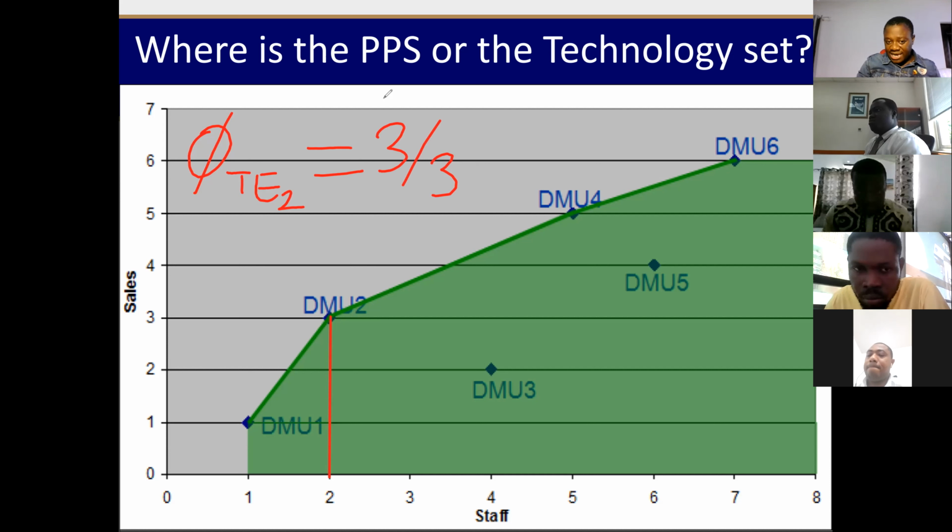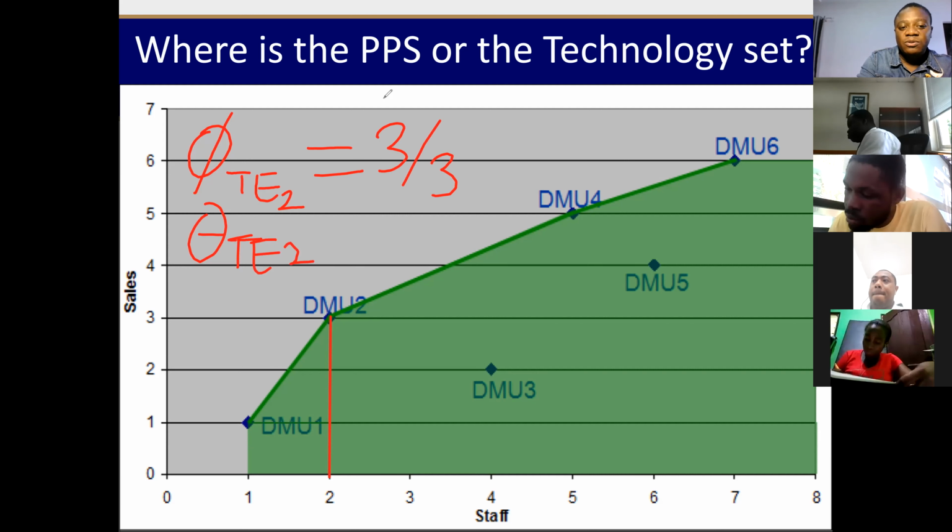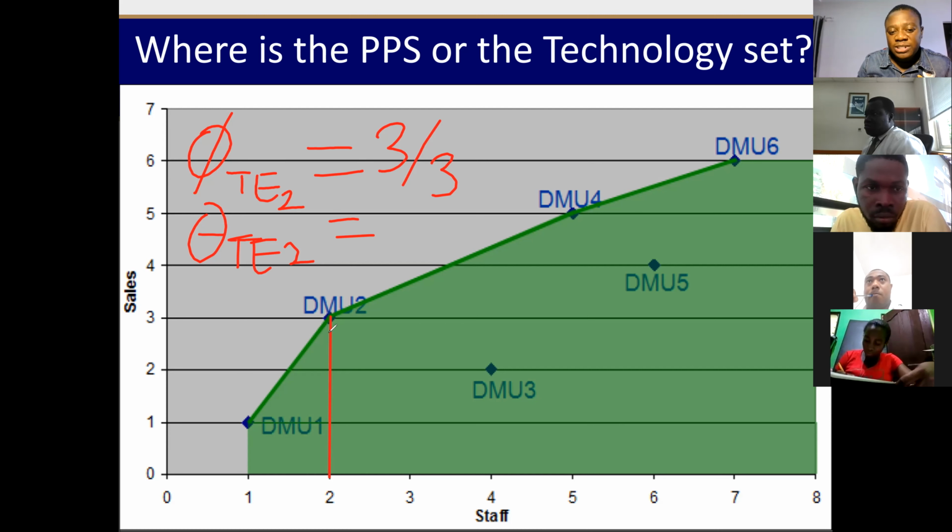Now, in this very case, if we're to do the input technical efficiency, that is going to be theta, not the words. Input is theta. So input technical efficiency for DMU2 is going to be theta. And that is supposed to be the same distance, but this time you measure on the input section, the staff.